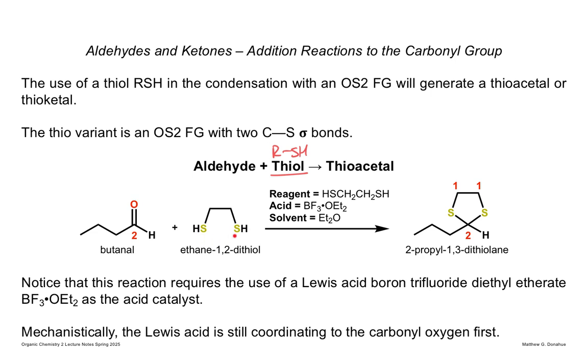So in this case, we're using a dithiol. These could be oxygens, but I'm just showing you the sulfur version. And they're tied together by this linker. So one molecule, and then there's your two equivalents. It'll go through the same mechanism where that oxidation state 2 is conserved. Now you have sigma bond to sulfur and sigma bond to sulfur. And so that's called a thioacetal.